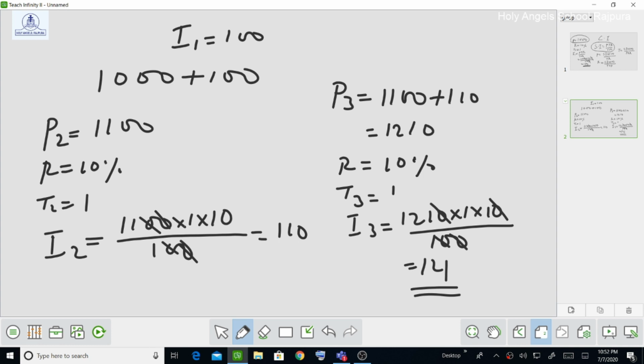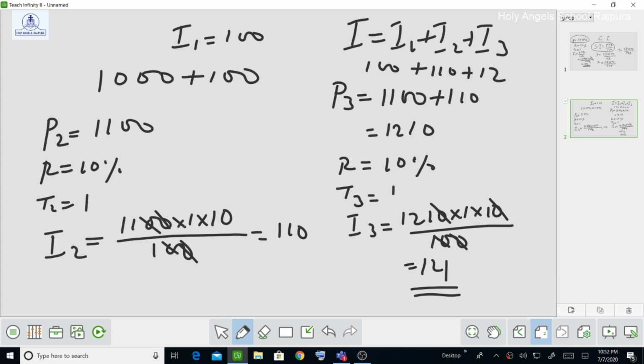So the total interest earned in 3 years time is I1 plus I2 plus I3, that is 100 plus 110 plus 121, that is equal to 331. 331 is the total interest earned in 3 years time.